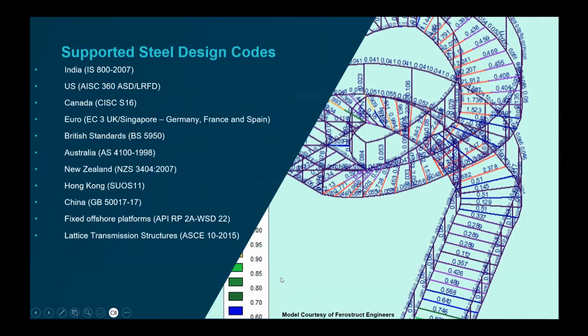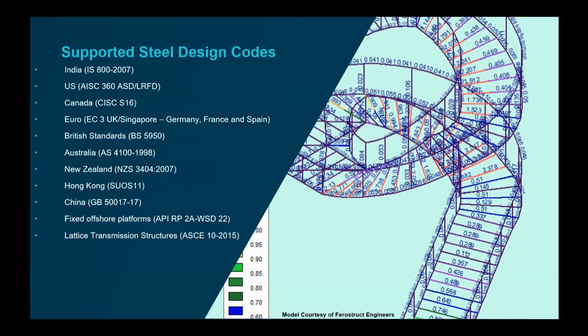Now, here we have some of the supported steel design codes in the latest version of S-Frame, which is 2025.1, as of today. And as you can see, we have a very comprehensive view of many of these codes. Note that, for example, for the US, Canada, and the Eurocodes, we have different iterations for each one of them.